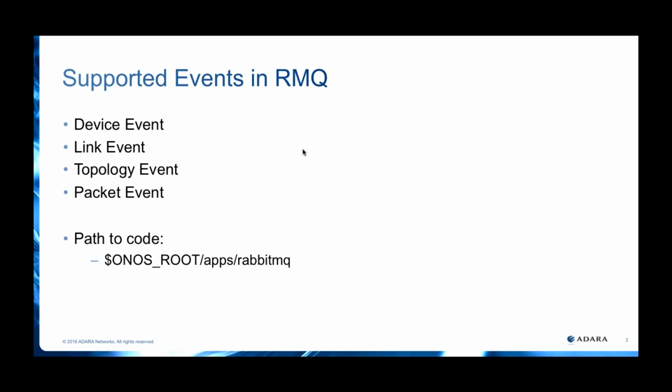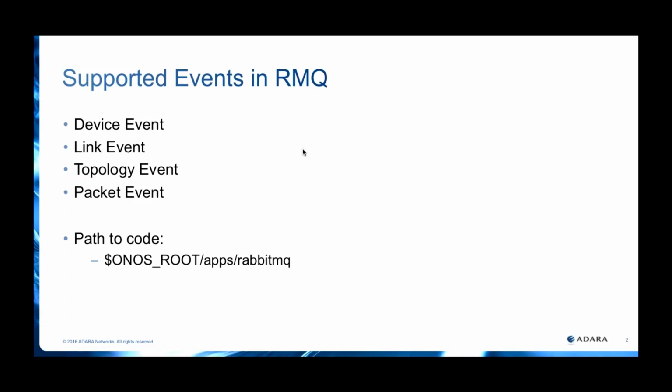But that part of it is outside the scope of ONOS, and the deployments can customize their own RabbitMQ listeners in whatever way they need. And similarly, we have link event, topology event and packet event. So packet event is something like whenever you are interested in a packet-in that is received at the controller.